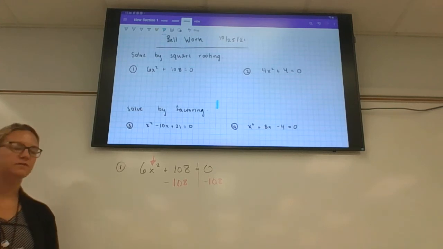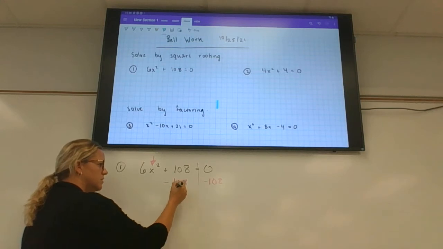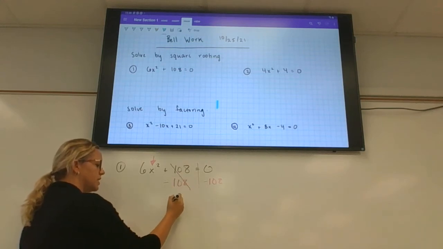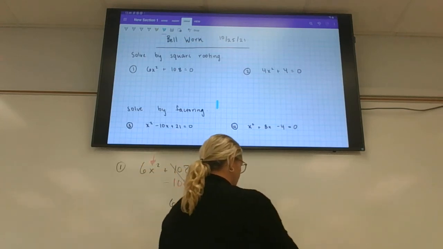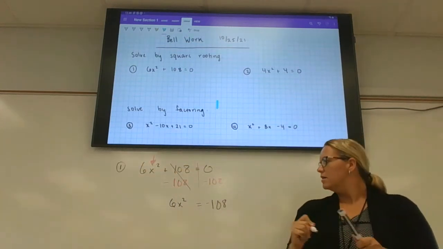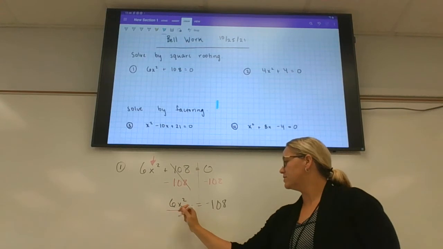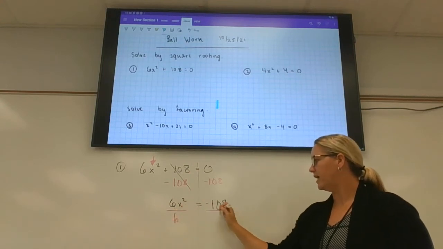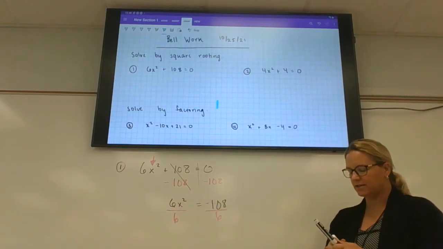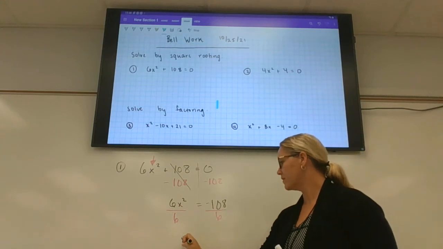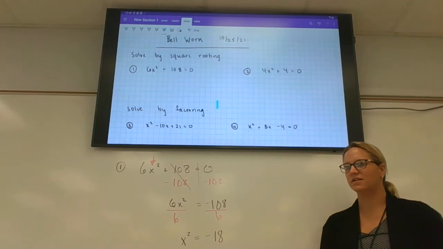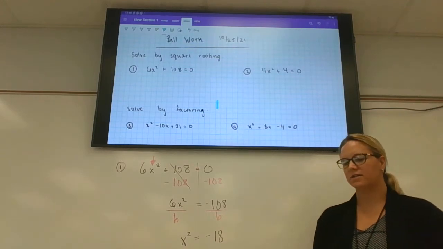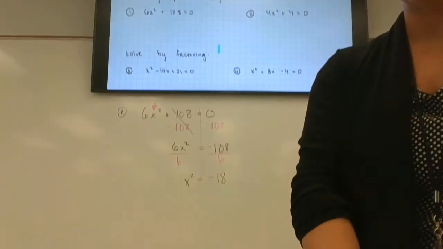So I'm going to cancel the 108 through subtraction. I get 6x squared equals negative 108. And then I'm still trying to get x alone, so I'll divide by 6 on both sides. So we get x squared equals negative 18.